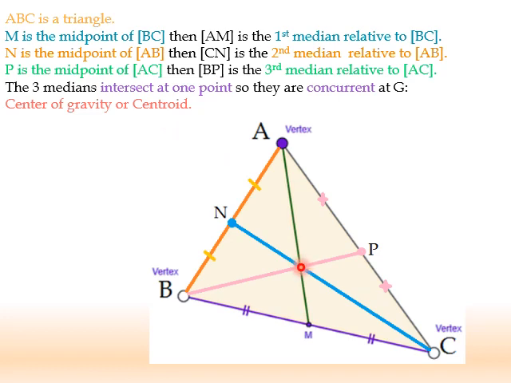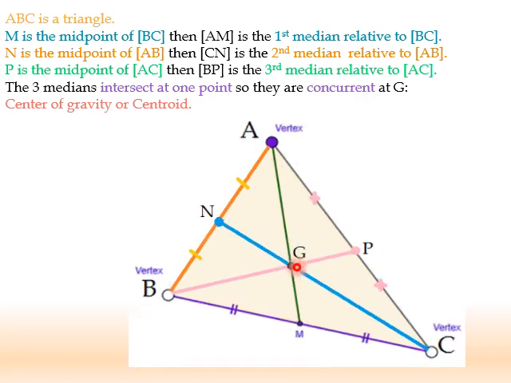It's the point where the three medians intersect with each other. Since the three medians intersect at one point, they are concurrent. This point is point G, which is the centroid or center of gravity of the triangle. It's the intersection of the medians.